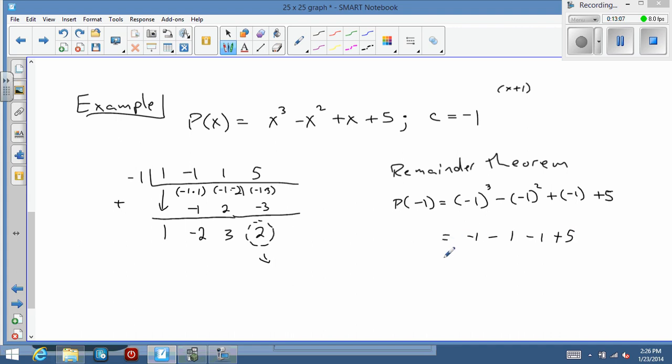When I add all those together, -1 minus 1 is -2, minus another 1 is -3, and -3 plus 5 is 2. So I got the same answer for the remainder, doing the long division or by just plugging in the -1. And that is the end of day 2.